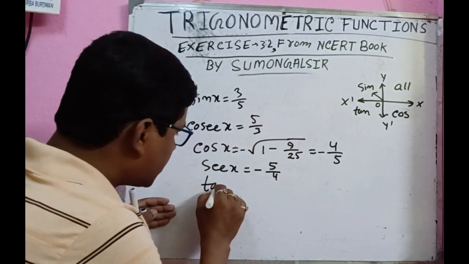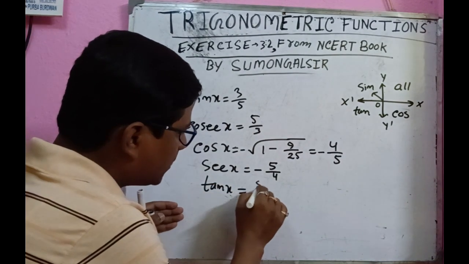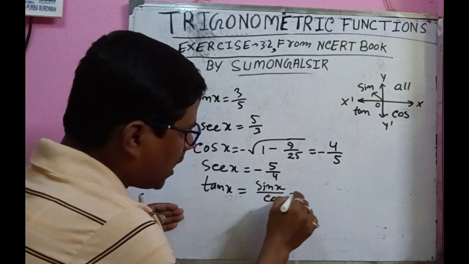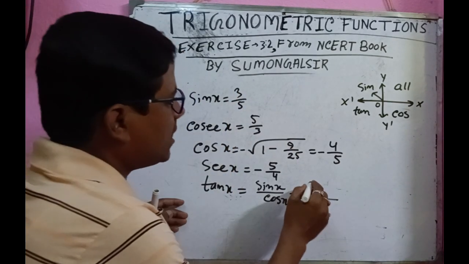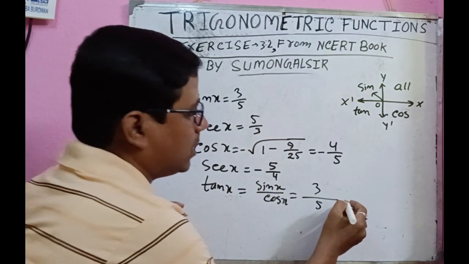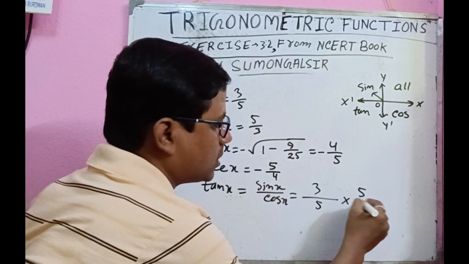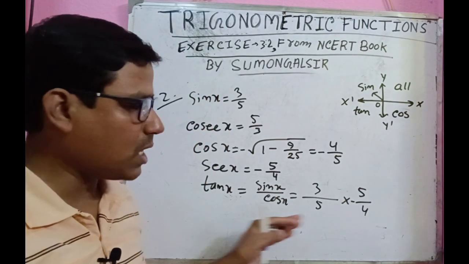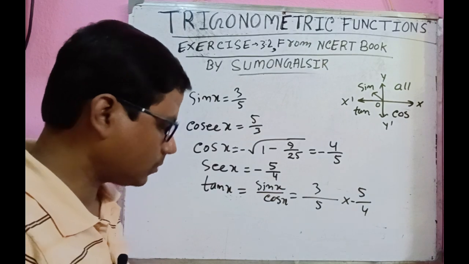Now tan x is sin x by cos x. Put the values: sin x is 3 by 5 and cos x is minus 4 by 5.